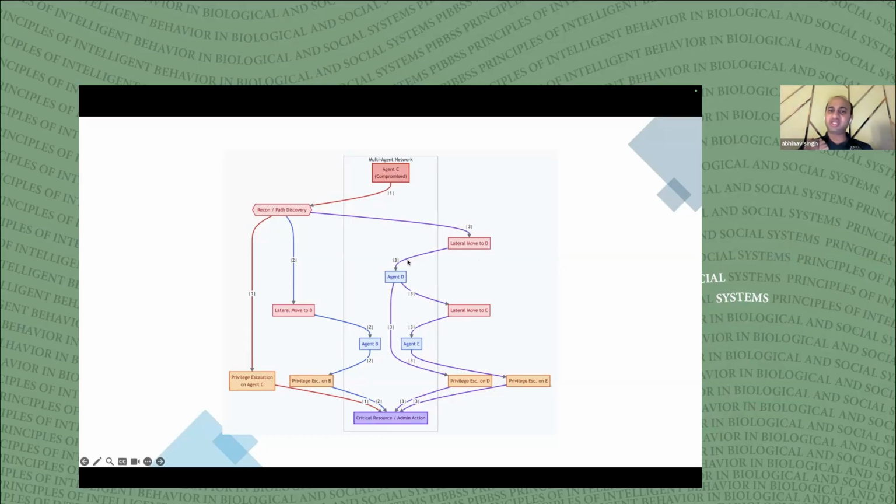So we use the properties of agent D to perform recon on another agent in the system, let's say agent E. We use D to connect with E, and then finally use E to perform a complete privilege escalation, or basically reach the highest level of privileges that are available in that multi-agent system.